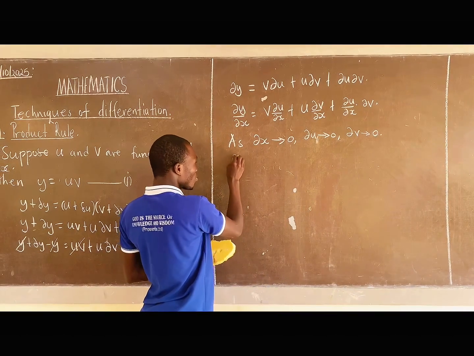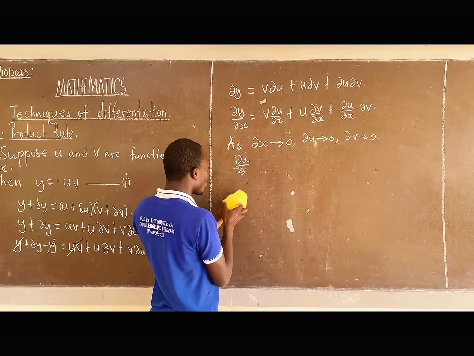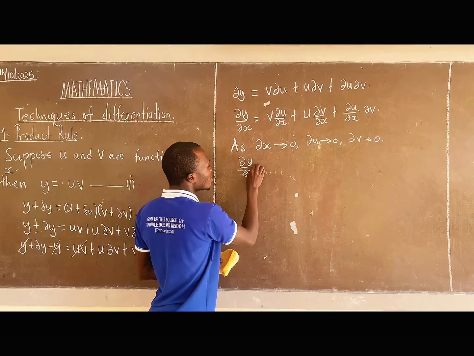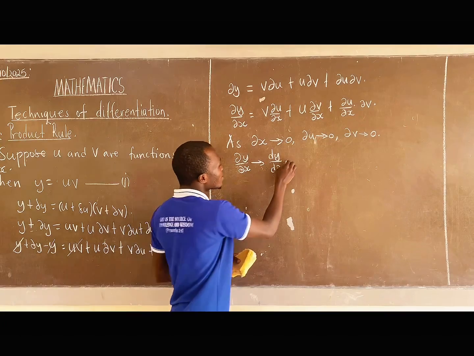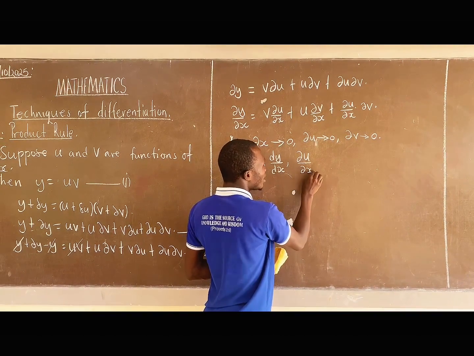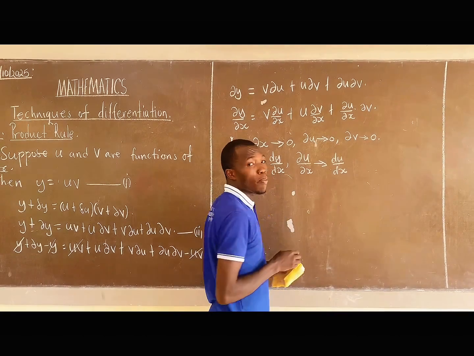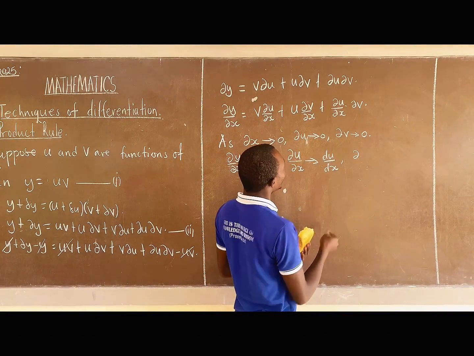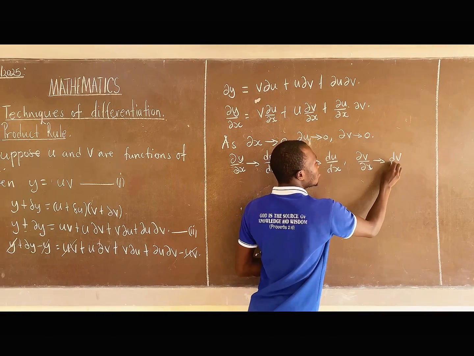Then delta y over delta x will tend to dy/dx. Then delta u over delta x will tend to du/dx. We shall have delta v over delta x also tend to dv/dx.